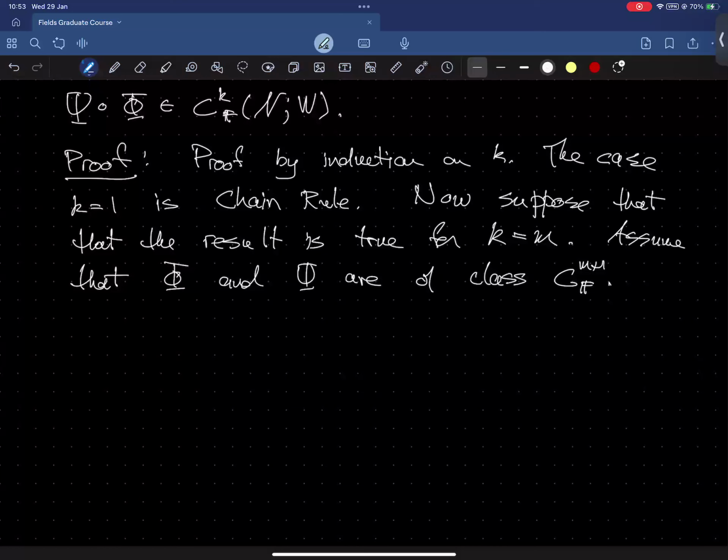All right, so to prove that their composition is of class Cm plus 1, I have to do two things. Let me say this slowly and clearly, because I think this again is a good illustration of the definitions of what it means to be of class Ck. All right.